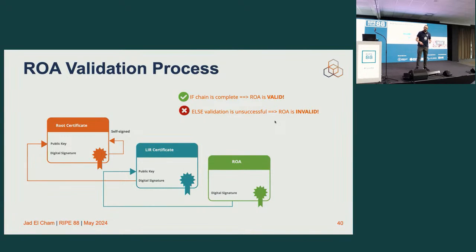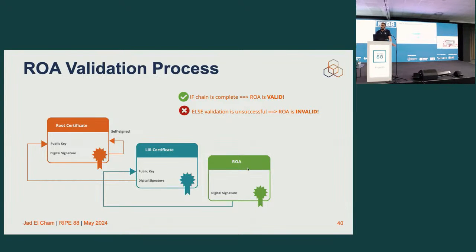Now that ROA is signed by the LAR certificate. All right, let's look at the public key of the LAR certificate and see if it matches the digital signature of the ROA. So we'll use this public key, check the digital signature, and if it matches, we will say, okay, that ROA was signed by this LAR.